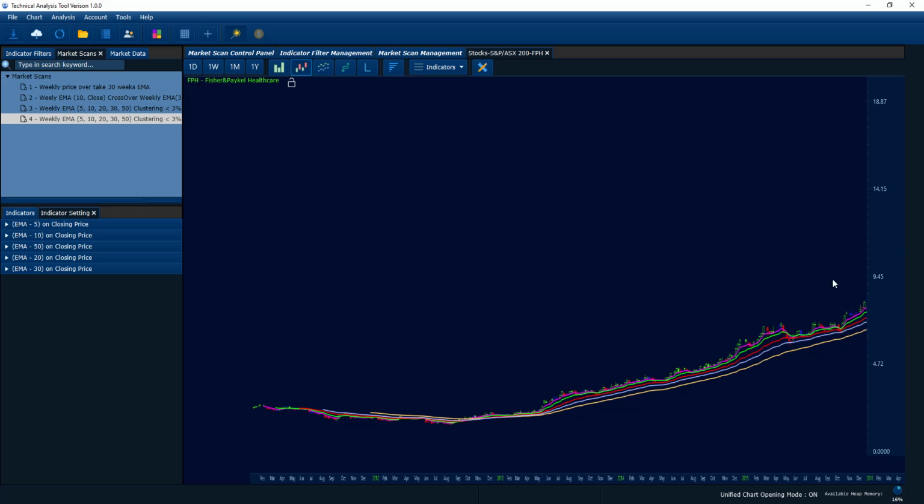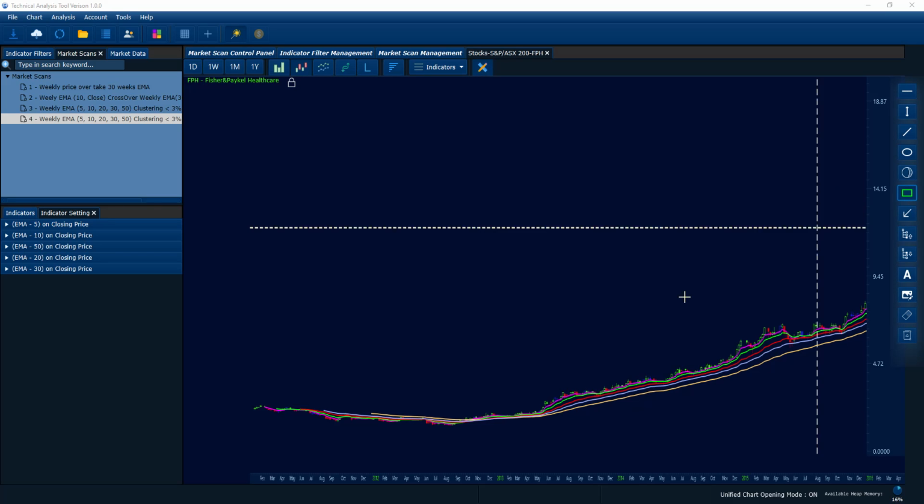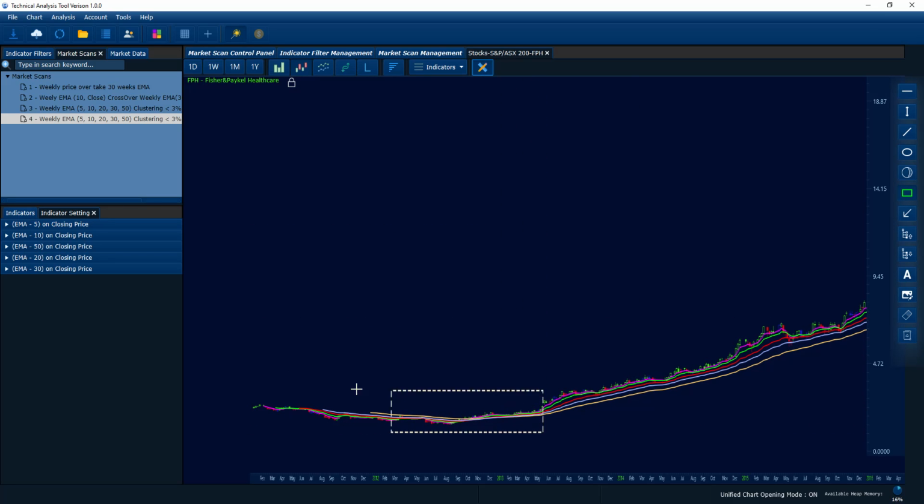If this underlying share is in a bottom pattern like that for years, and suddenly it breaks up from the trend line, and the moving averages clustering together lasted for quite some time, like 2 years, and if it breaks up, I think it's a fantastic opportunity for me to buy it.